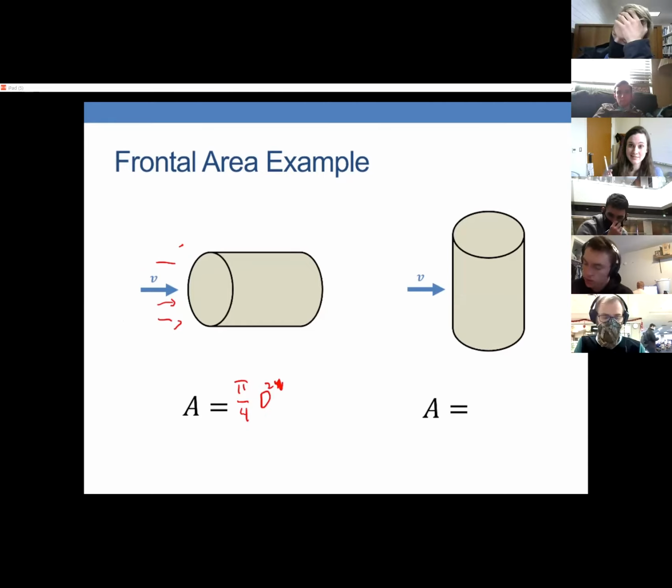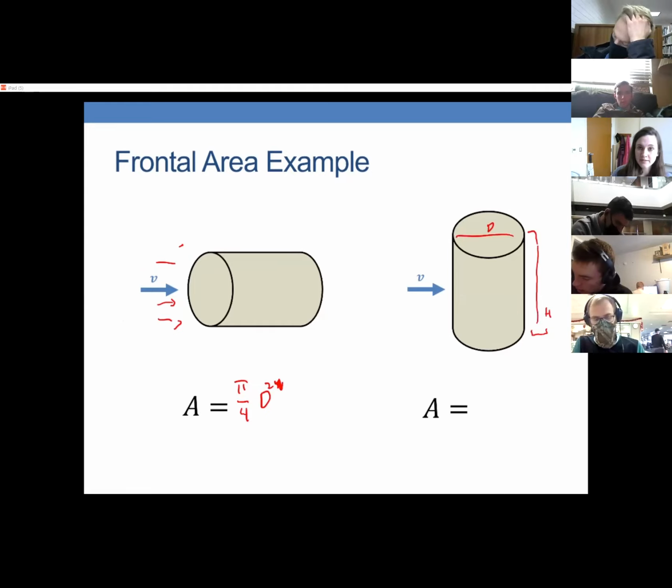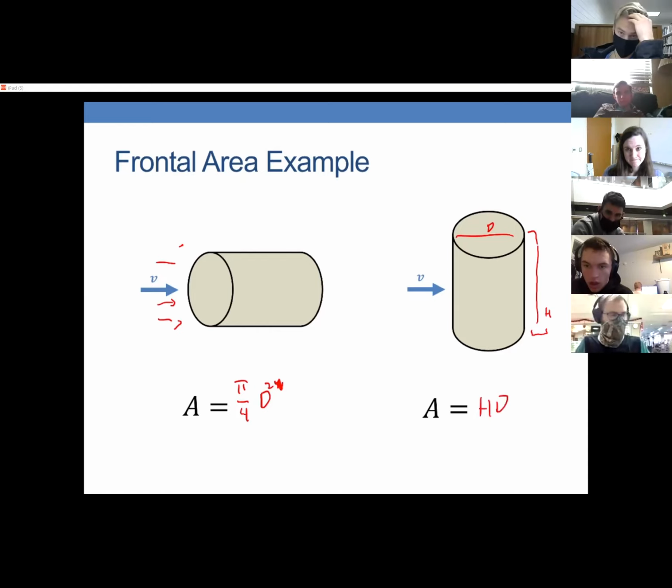The projected area is a rectangle. So if this is height, and this is diameter, what would the area of that rectangle be? Height times the diameter. So that's what we mean by the projected frontal area.